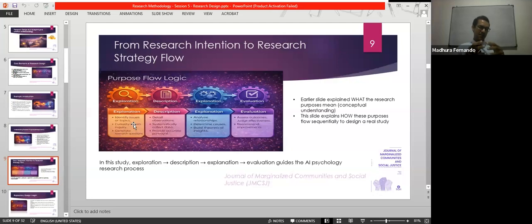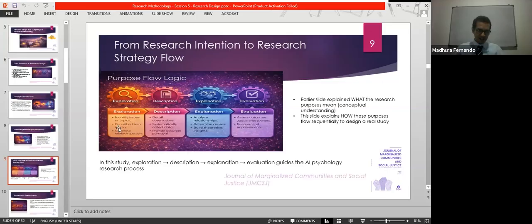You know what is to unveil, right? You know what is your problem. So that is the stage that you have to achieve using this exploration. Identify issues or topics, curiosity driven inquiry, generate research questions.